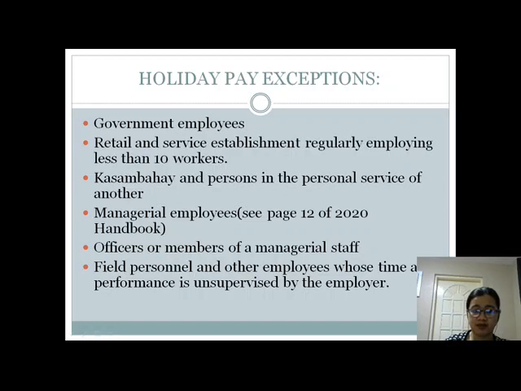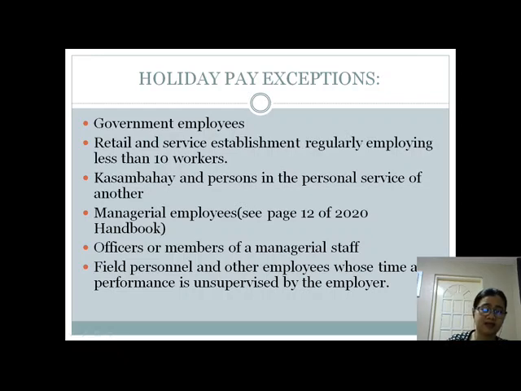For more on this, you can read page 12 of the 2020 handbook. Who are those, or what are the duties and responsibilities considered as managerial employees? Also officers or members of a managerial staff, with the different tasks of these officers and members of management provided in the handbook by DOLE.